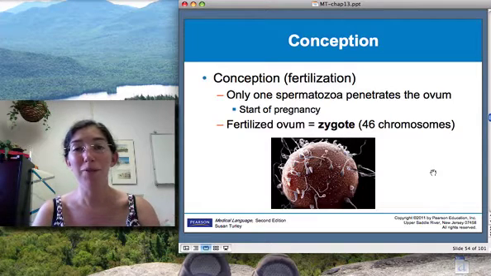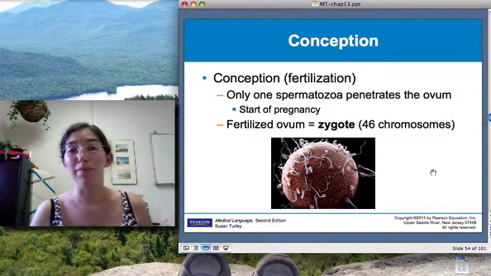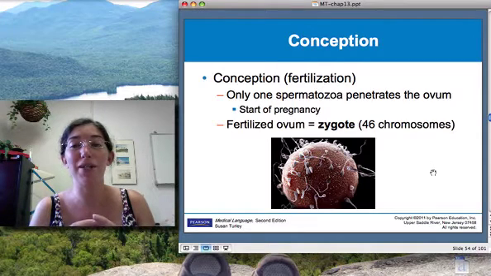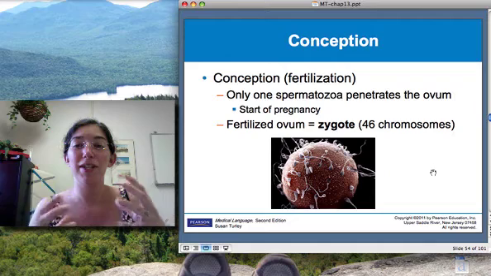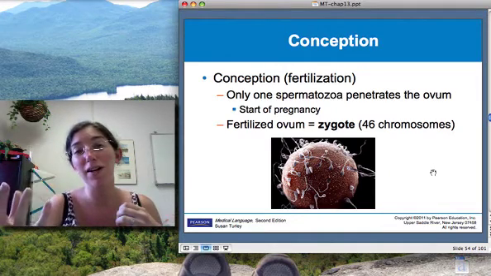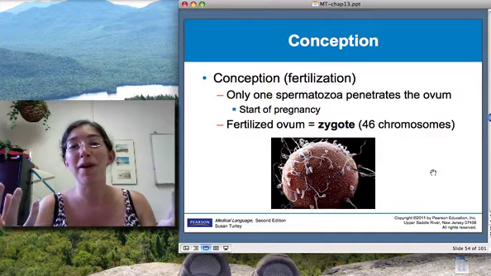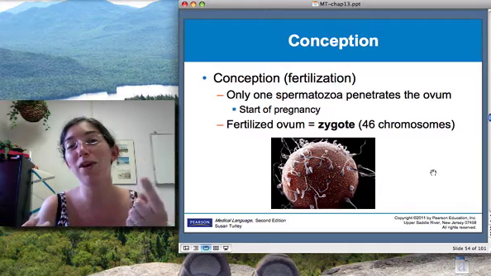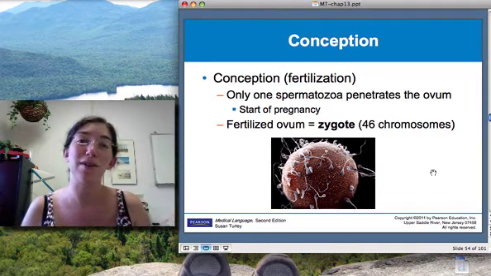So conception is when sperm meets egg, and the egg gets fertilized and becomes a zygote. Ova and sperm are both gametes. They are both what we call haploid cells. They contain one set of 23 chromosomes.